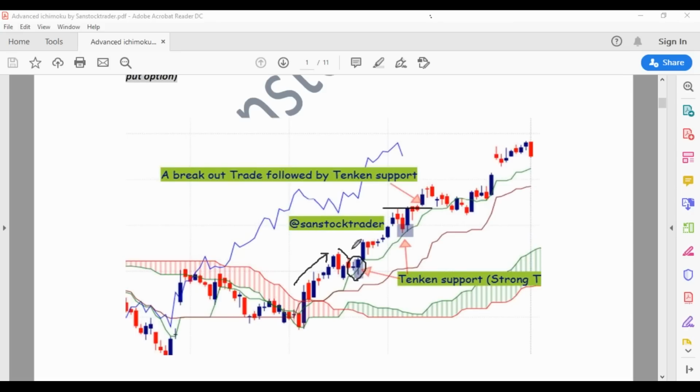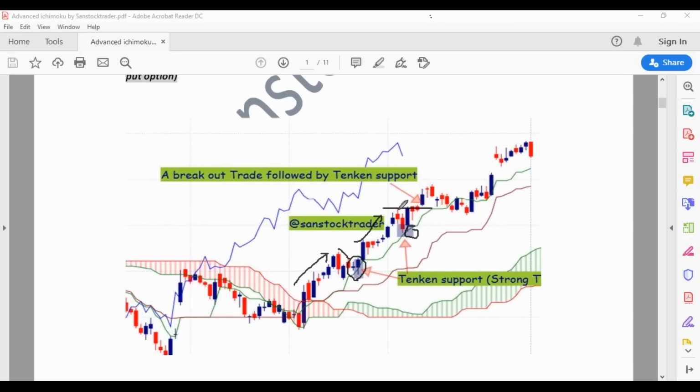After that bounce, price again started moving north, and this is the second time price bounced from the Tenkan-sen without touching the Kijun-sen. So all our conditions match here.